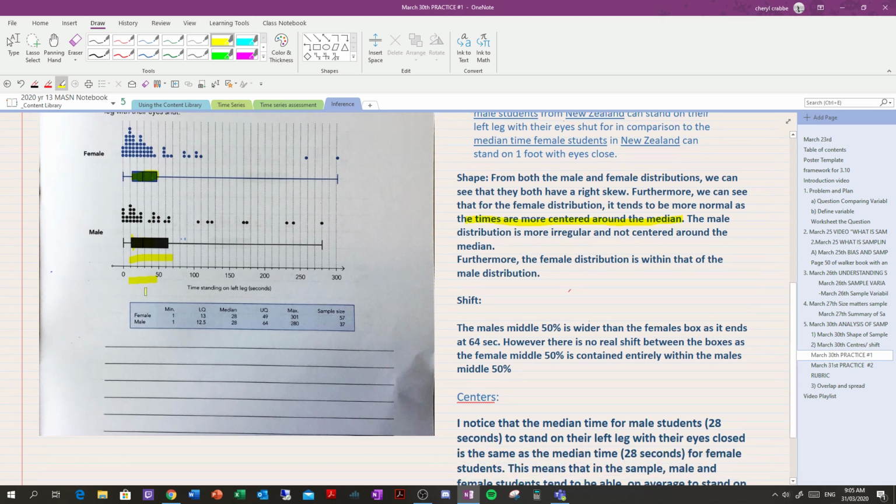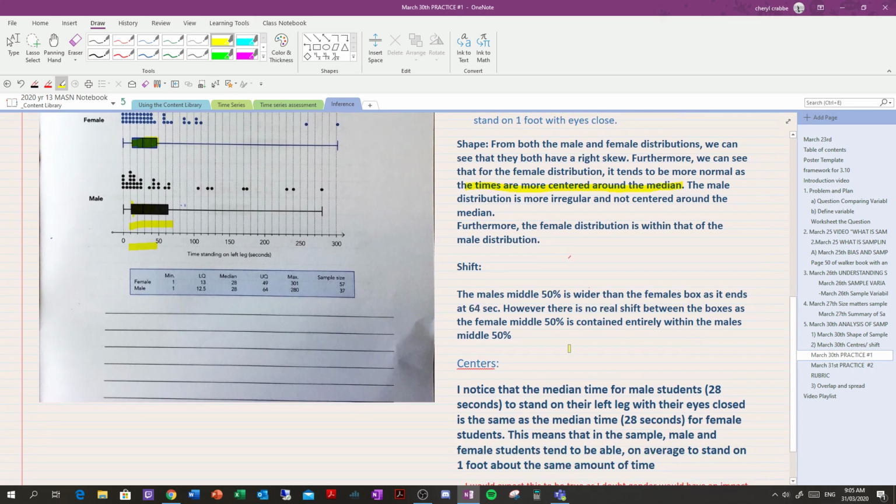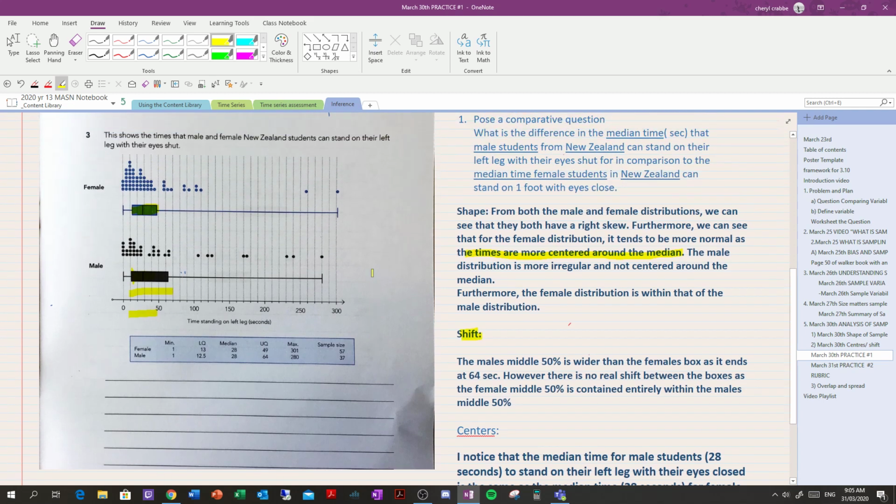So the male's middle 50% is wider than the female's box as it ends in 64 seconds. However, there's no real shift between the boxes as the female middle 50% is contained entirely within the male's middle 50%. So in this particular case, and this is the reason that I did this, I wanted a little bit of discussion and thinking about this. One box is really not shifted.